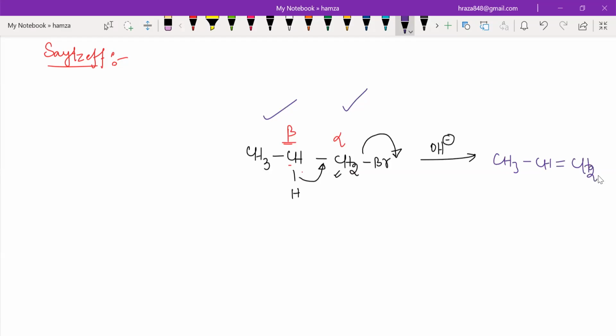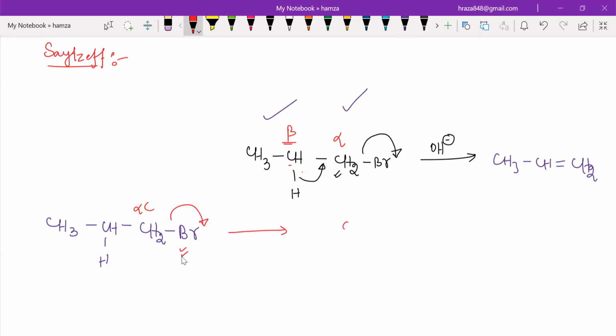Now I am going to explain it again from the very basics. If you have CH3 CH2 and here it is CH2Br, now you can understand this is the alpha carbon. So if it is alpha carbon, what happens here? It will take electron from bromine, and this is CH3 CH2 CH2 with a positive charge.